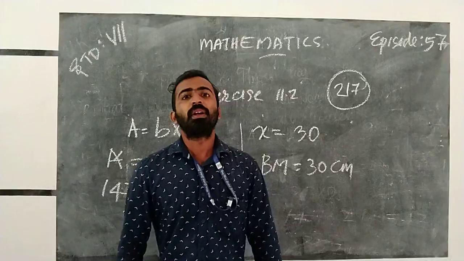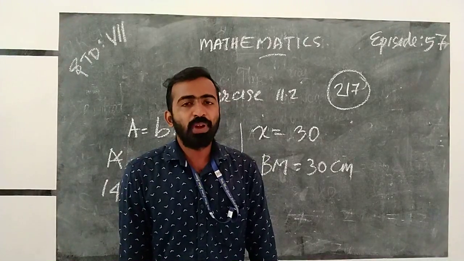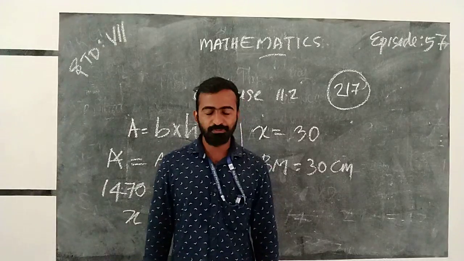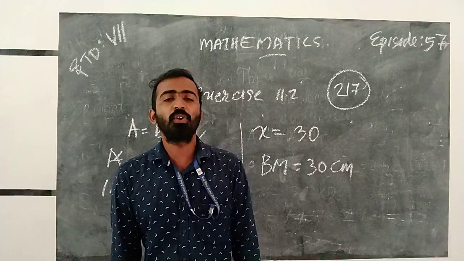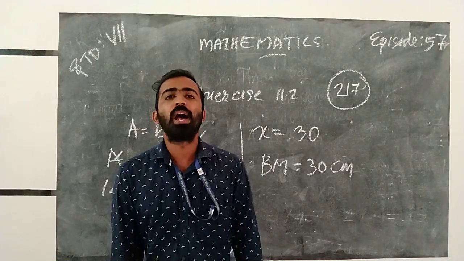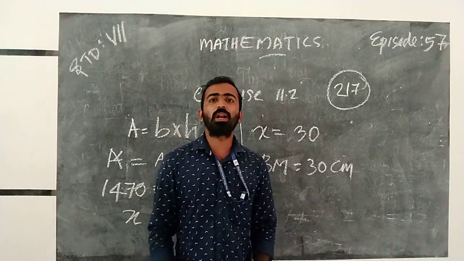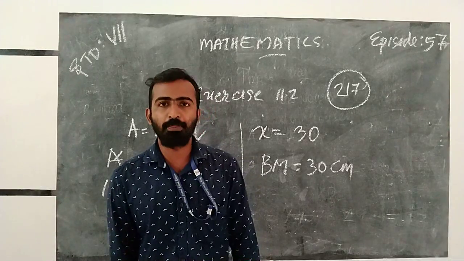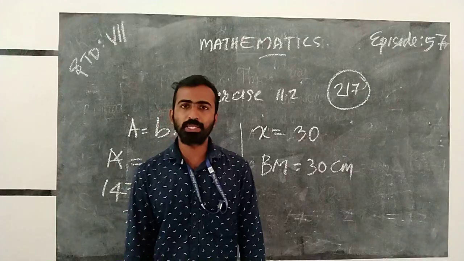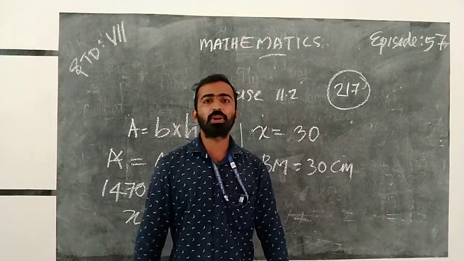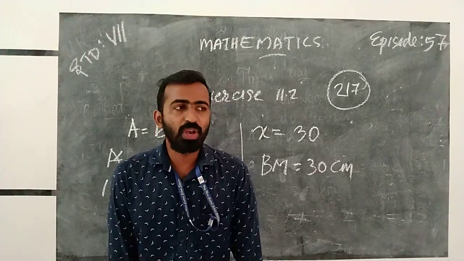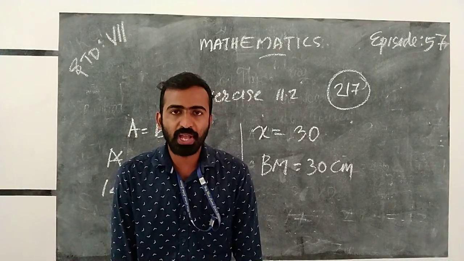That is, we find area and perimeter through these equations. First, area of rectangle equal to L into B, length into breadth, and perimeter of the rectangle equal to 2 into L plus B, that is 2 into length plus breadth. Area of the square equal to side into side, perimeter of the square equal to 4 into side.